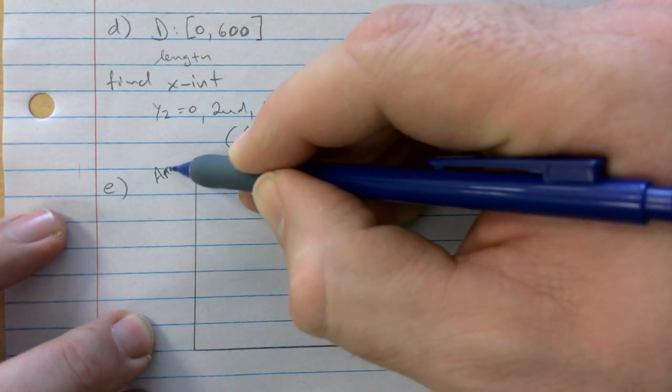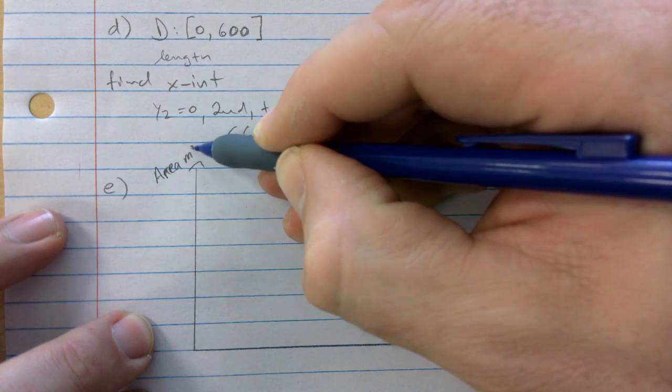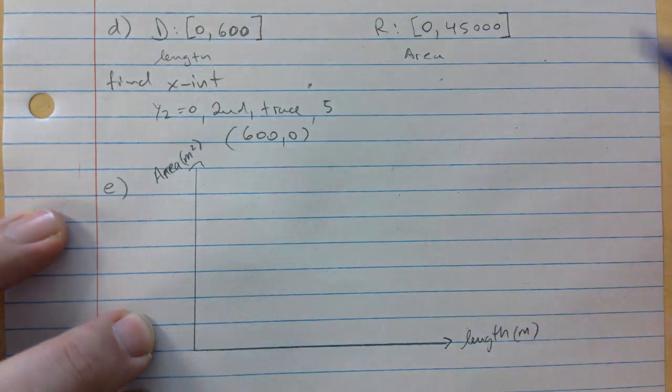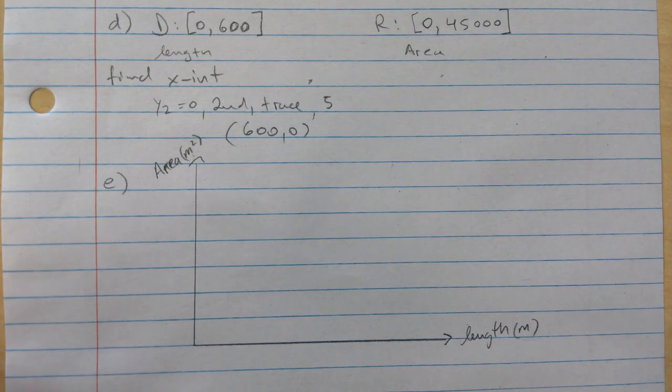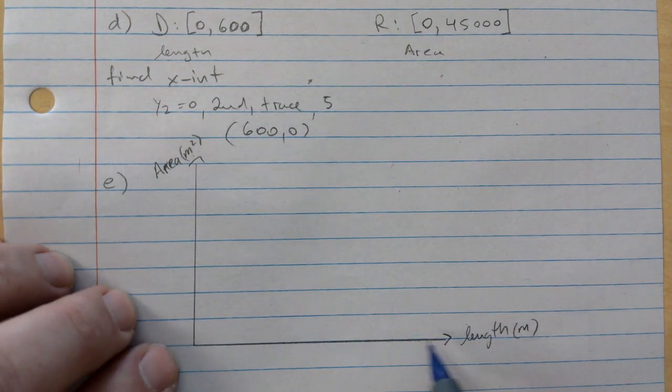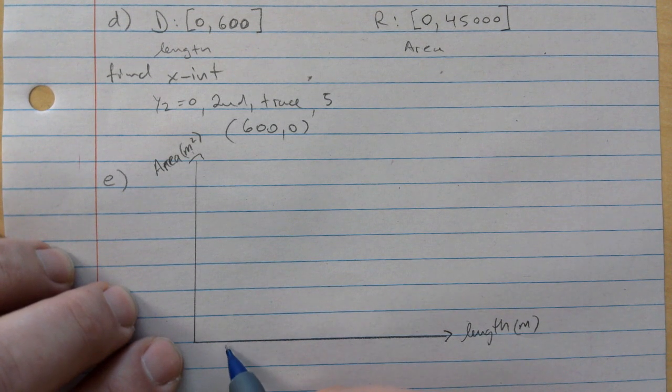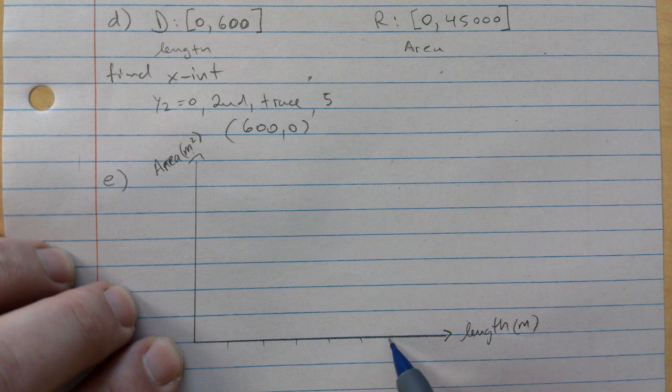Area in meters squared. Make sure you listen to that one. Meters squared. I need to have at least 600 along the x-axis. So 100, 200, 300, 400, 500, 600, 700 works perfect.